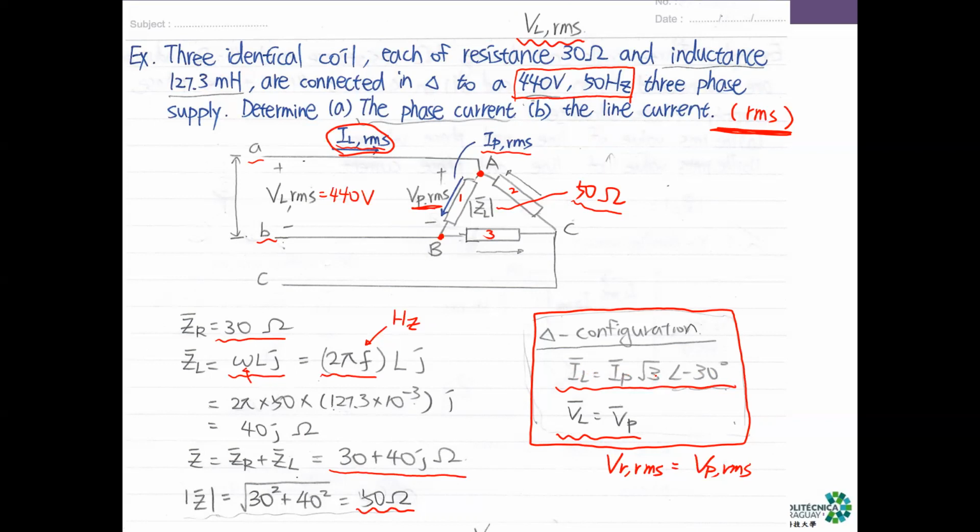Okay, so once we find out IP RMS, the RMS value of the phase current, we multiply by square root of 3, and then we can get the line current in RMS. The line current in RMS value for this system.